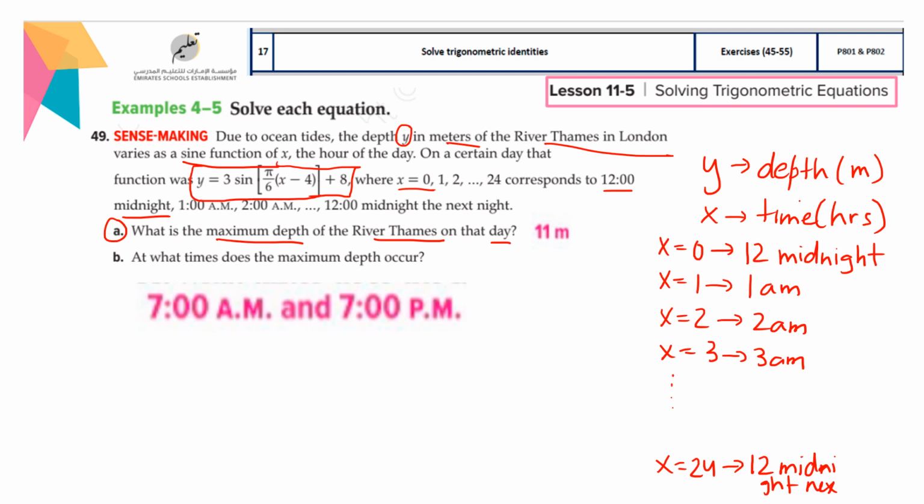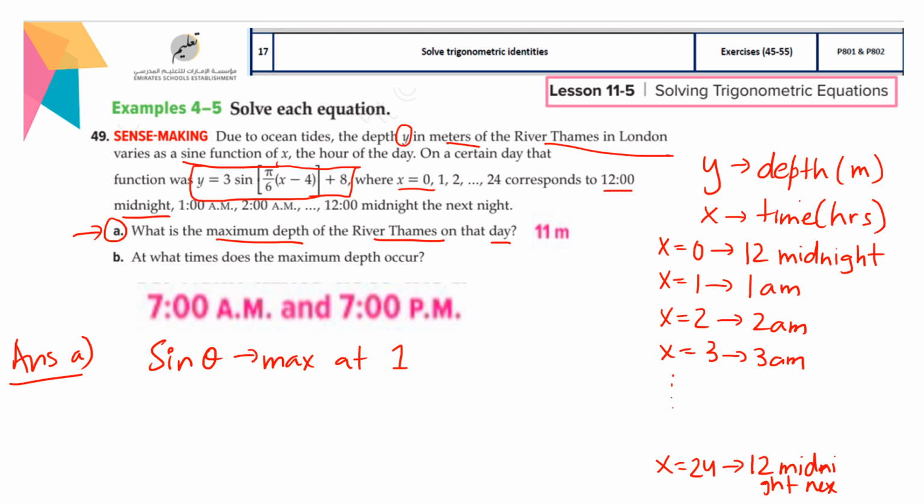Now y is given to be a function of sine. So for solving part A, we will use the fact that sine theta, or any sine x like that, is maximum at 1, right? If you look at the graph of sine theta, I will just show it to you in the next slide. Then it takes maximum value 1.